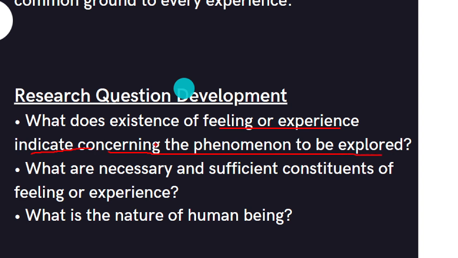For example, COVID-19. So, we want to know more about the daily experience of someone na nagkaroon ng COVID-19. Medyo gasgas na siya. Punta tayo ngayon. Ano yung naging experience ng mga taong na-quarantine ng 14 days?